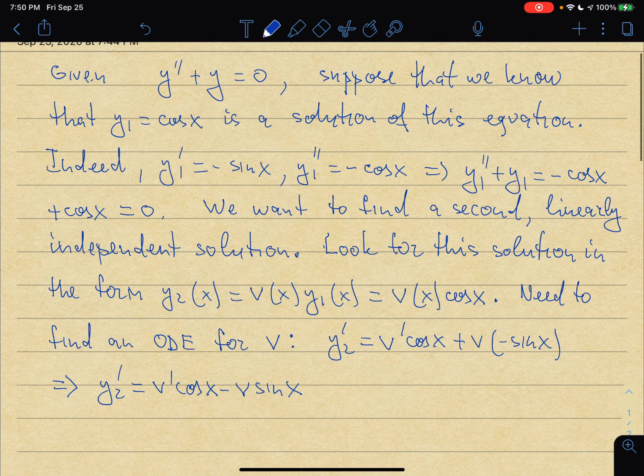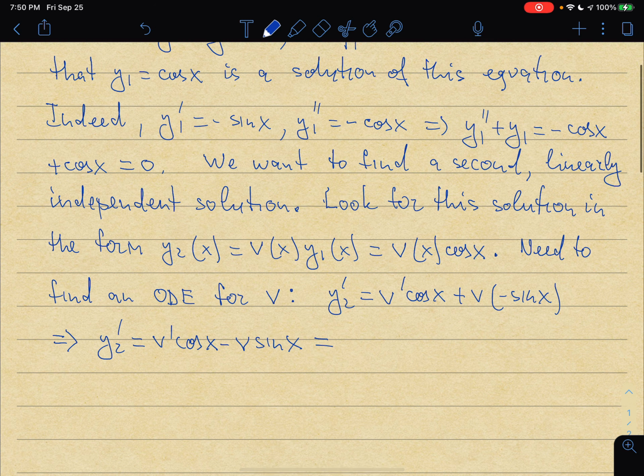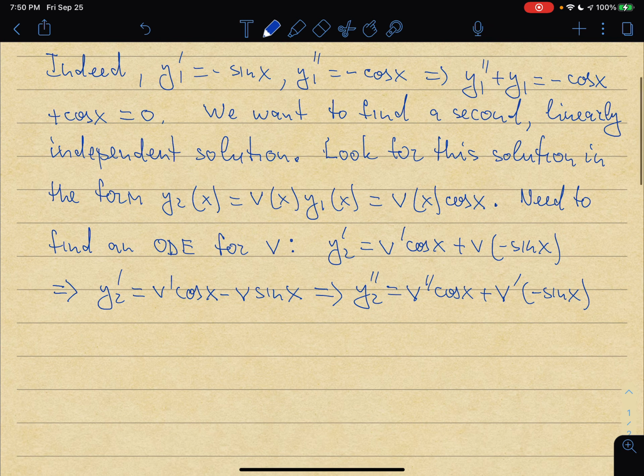If I want to sub this into my equation, which is y double prime plus y equal to 0, it's not enough to find the first derivative, I need to find the second derivative. So let's look for y2 double prime. What is that? Again, I need to use a product rule, but now twice, both on this product and on that product. So for the first product, I have to take the derivative of v prime, so that should be v double prime times cosine of x plus v prime, first function times derivative of the second function, minus sine x as derivative of cosine.